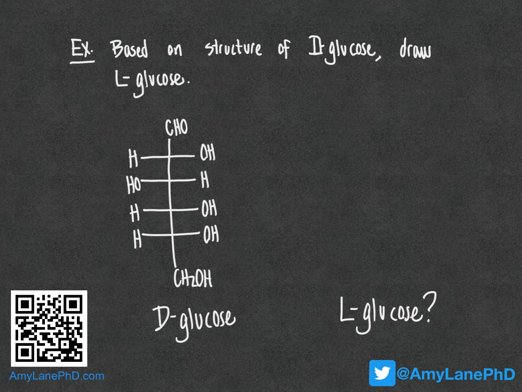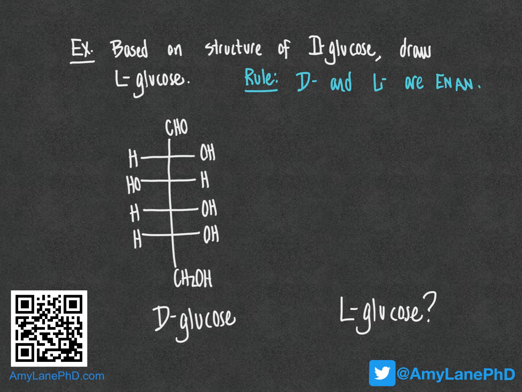Let's try another example problem. In this example, we're asked, based on the structure of D-glucose, which we are given here, draw the structure of L-glucose. What we need to remember for this problem is that the D and L stereoisomers are enantiomers.